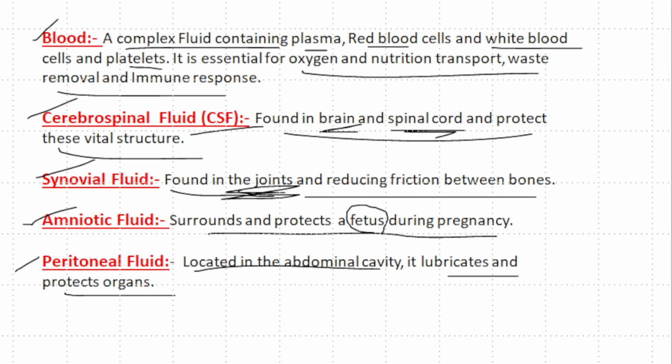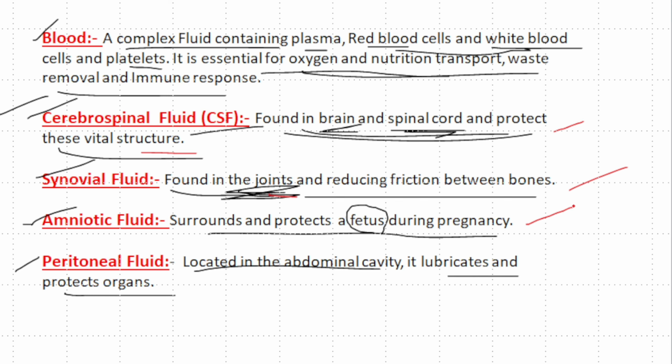So blood is a complex fluid containing plasma, red blood cells, white blood cells and platelets. It is essential for oxygen and nutrition transport. Then cerebrospinal fluid, CSF, is found in our brain and spinal cord and helps to protect them, the most vital organs in our body. Then synovial fluid is found in our joints and reduces friction between the bones.